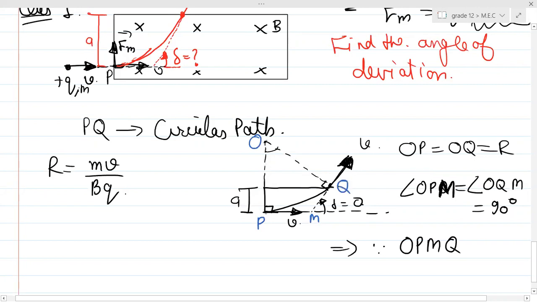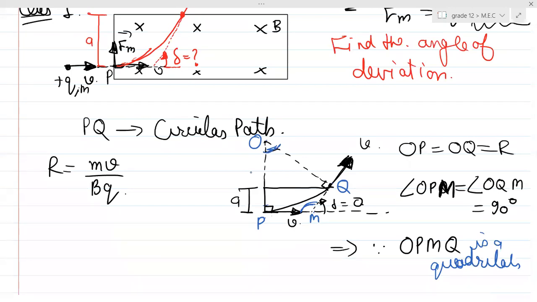Can you see OPMQ is a quadrilateral? Everyone can see this thing, right? So basically the sum of this angle and this angle should be 180 degrees, because the other two angles are 90 degrees, and we know the sum of all the angles of a quadrilateral is 360 degrees, right? Everyone knows this much maths, this is what I assume.